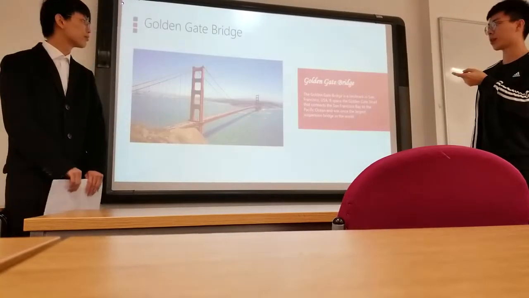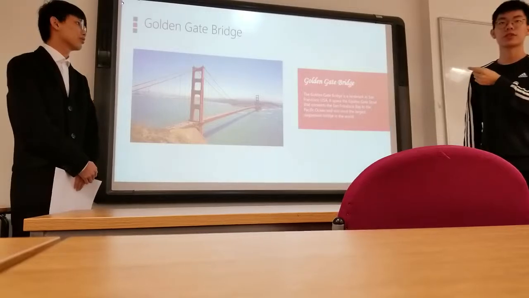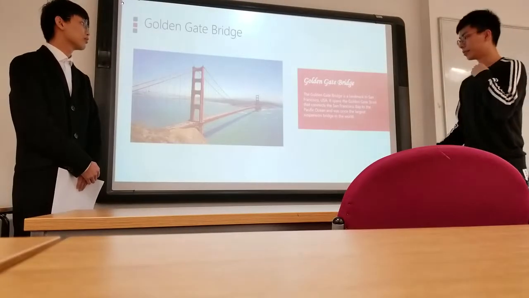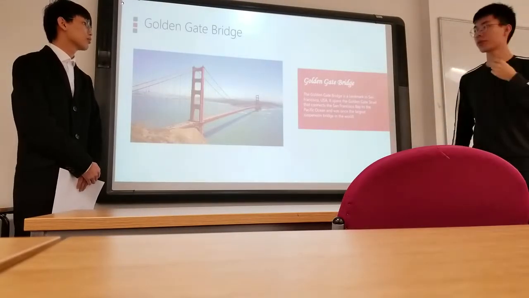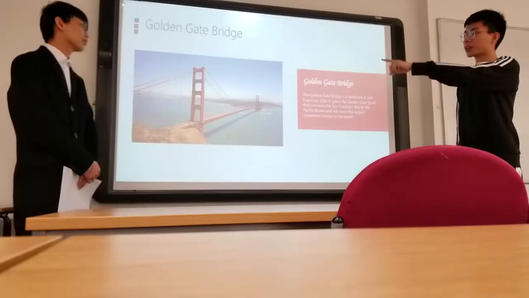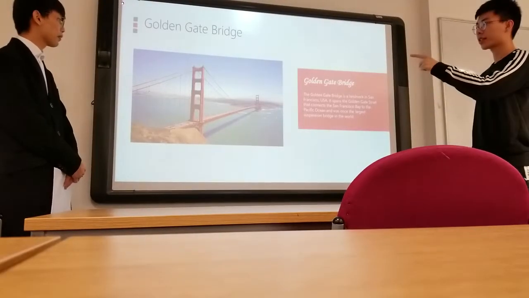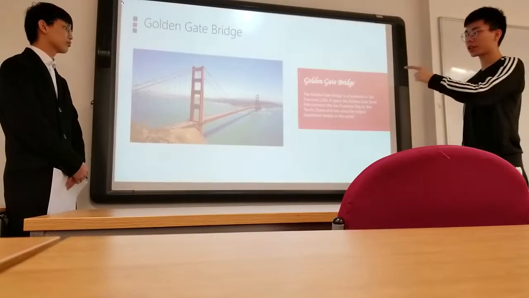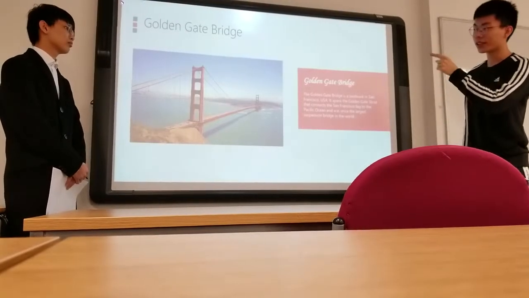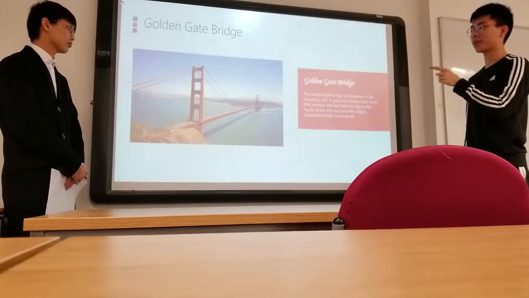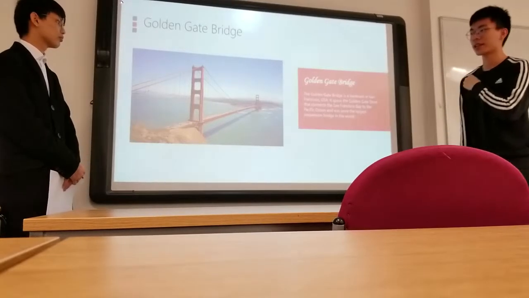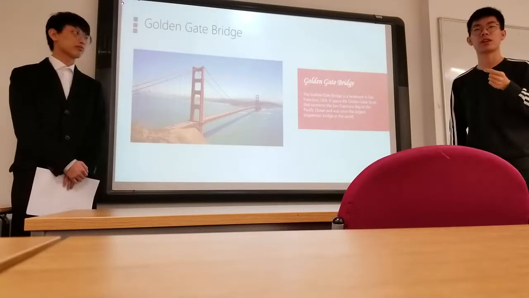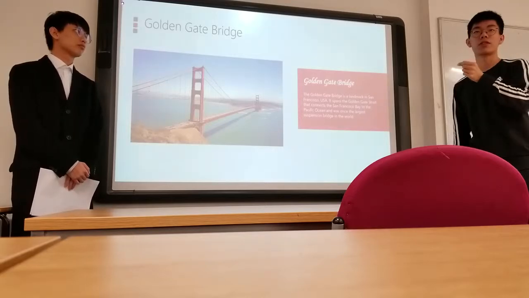This picture is about the suspension bridge type. A suspension bridge has fixed towers connected by suspension cables, and the suspension cables are fixed on the ends of the bridge and carry most of the weight of the bridge.